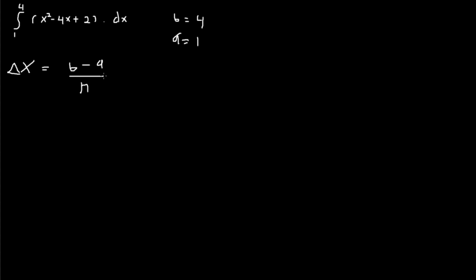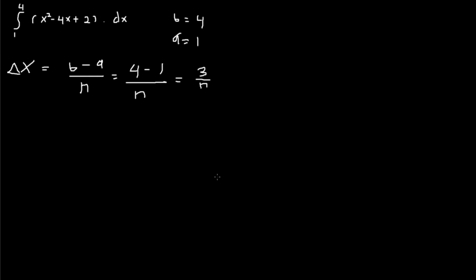This n will still stay as n until the end of the equation, so we're not going to worry about n. So I'm going to plug in 4 for b, and 1 for a, per n. So we have our delta x as 3 per n.